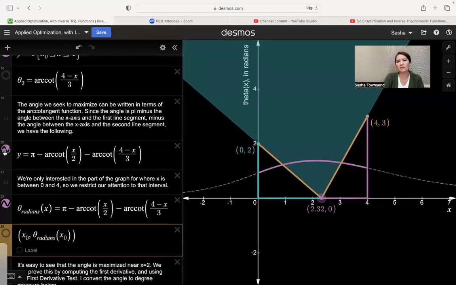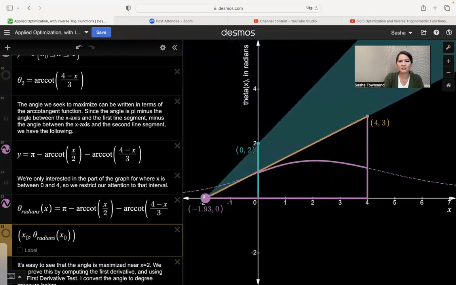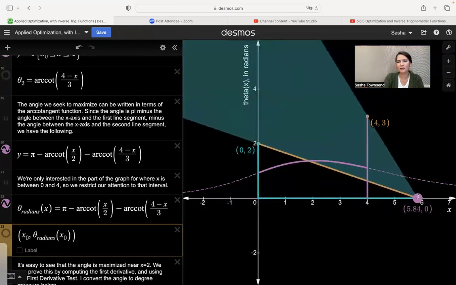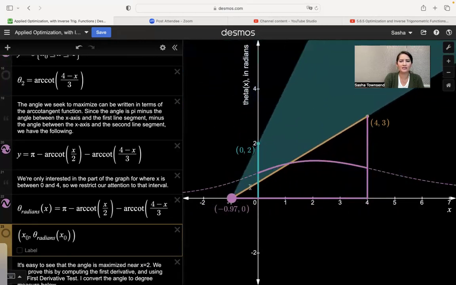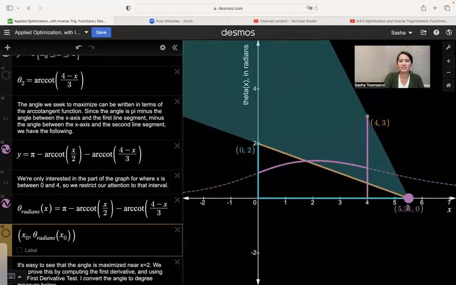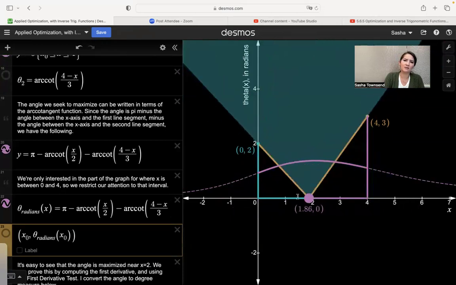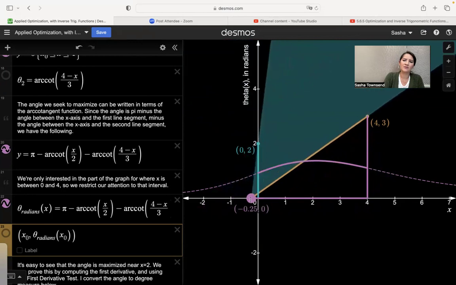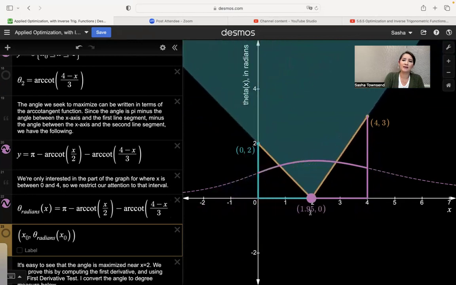If you want to, you can graph the entire thing and let your x value take on any value between negative infinity and infinity, because arc cotangent is defined for all real numbers. But the x values we're interested in, the ones that are going to maximize the function, are between 0 and 4.